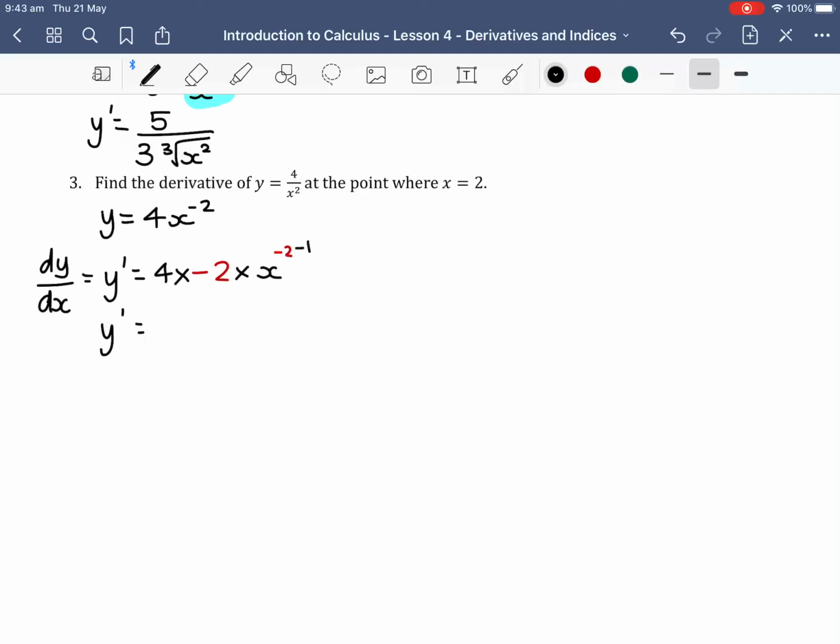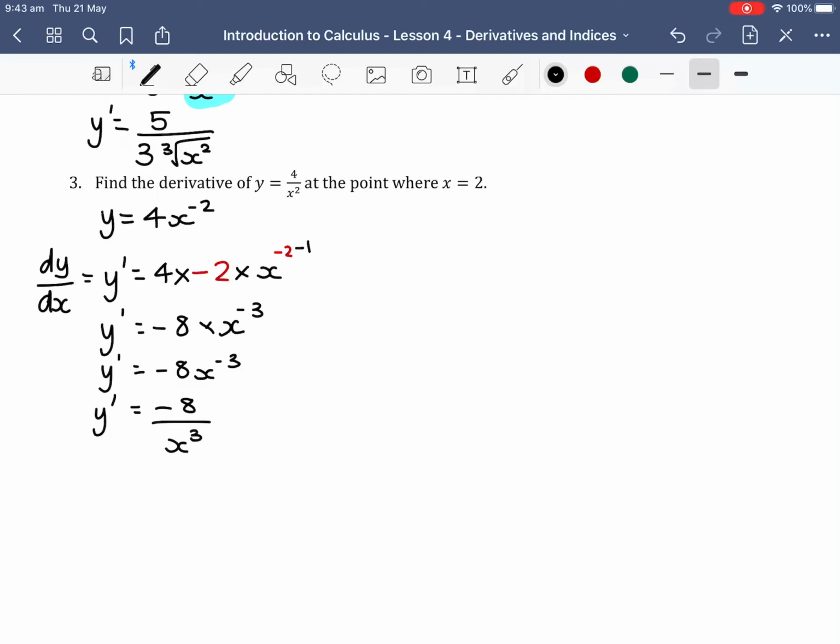So our y dash, or our derivative of y with respect to x, is 4 times -2 which is -8 times x to the power of -3. And remember, we want to get this back to how we found it, so we don't want to leave it as -8x to the power of -3. So y dash equals -8 over x to the power of 3.